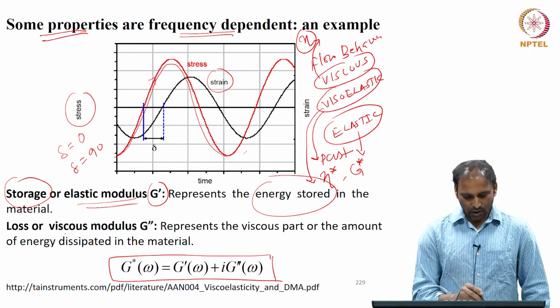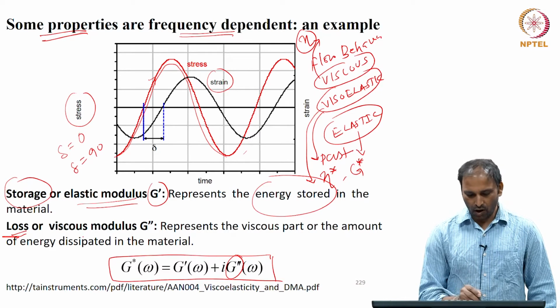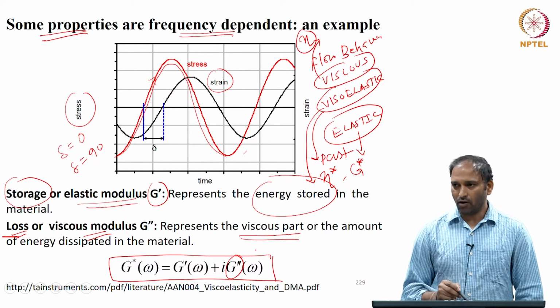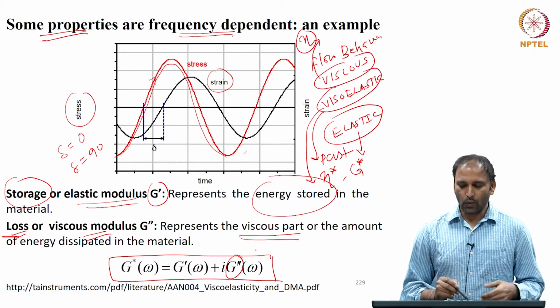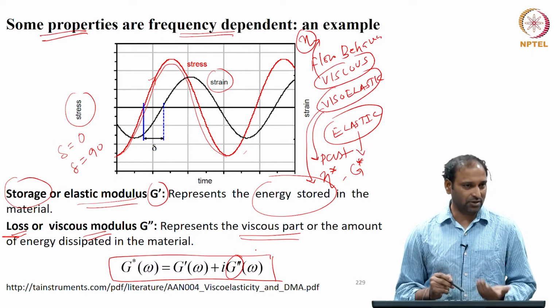And similarly, you have G double prime, which is called the loss modulus or viscous modulus, which represents the viscous component, or tells you how much energy is dissipated in the material.